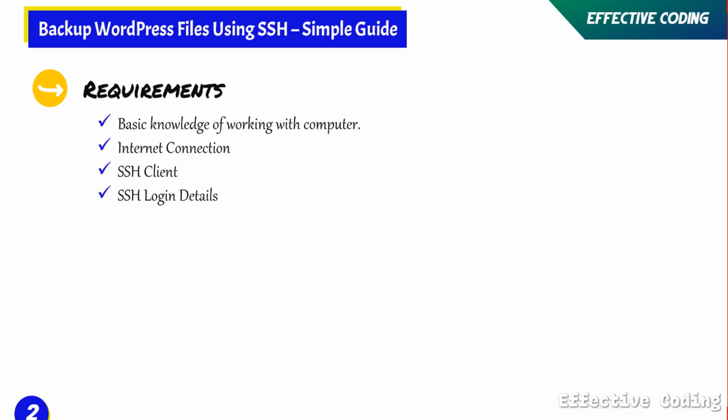As I'm on Windows, I will use an SSH client called PuTTY. I will mention it in the video. And the other thing you need is SSH login details. It is the login details of your remote server, so we can connect to it. So if you meet all these basic requirements, then you are good to go. Now let's move towards the practical.